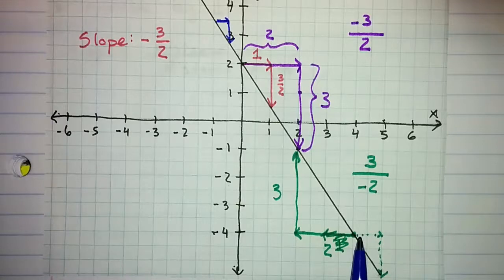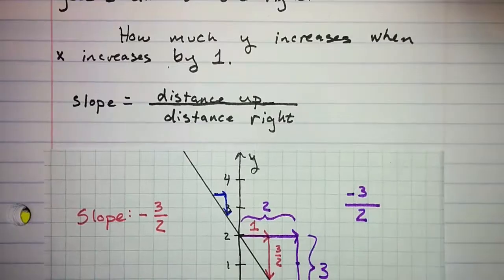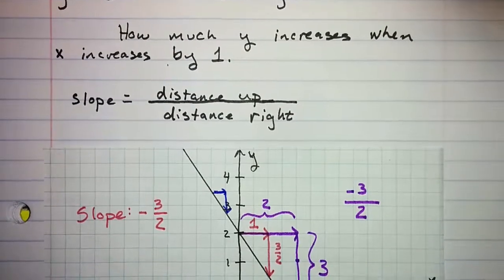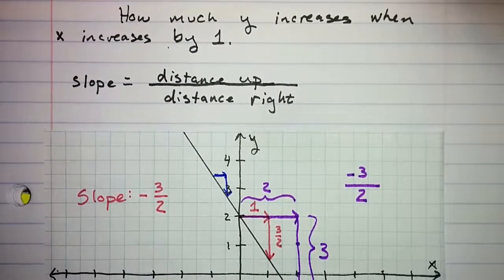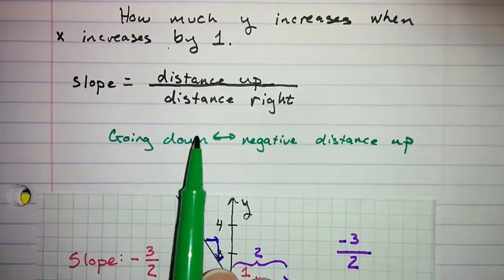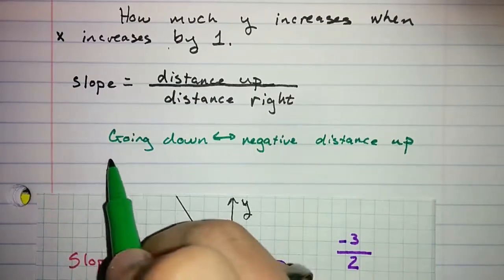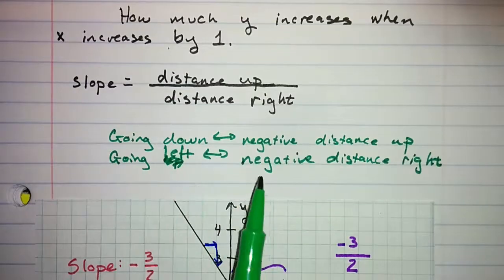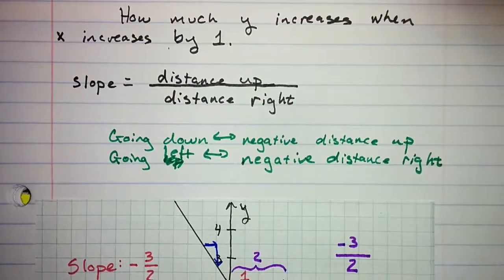And no matter whether we go to the right or to the left, this ratio will always be the same, including the sign. Of course, we need to remember that going downward means a negative distance up, and going leftward means a negative distance to the right.